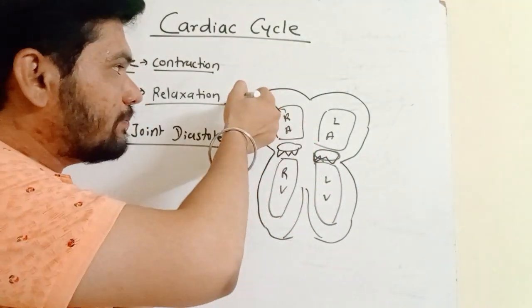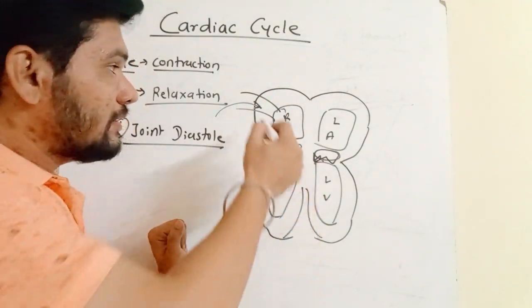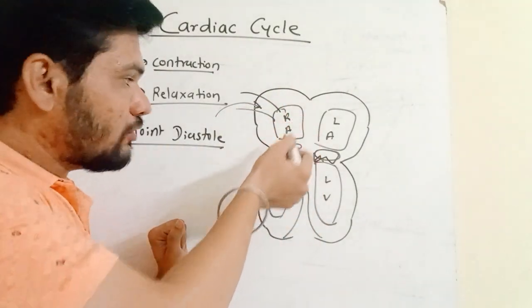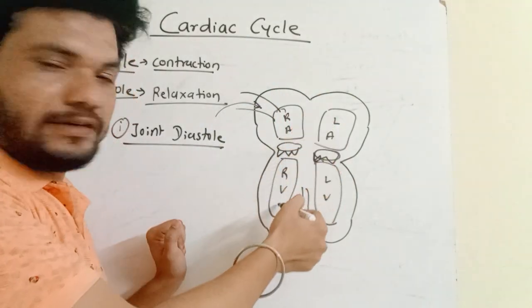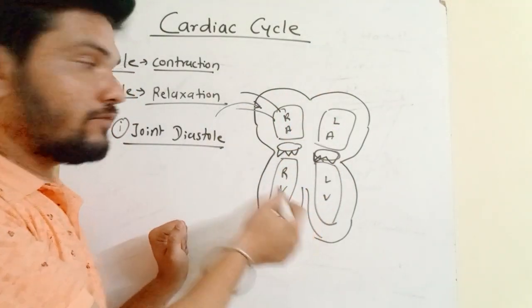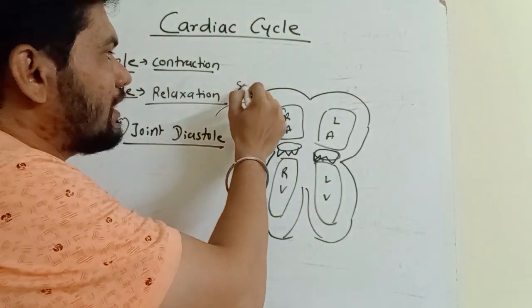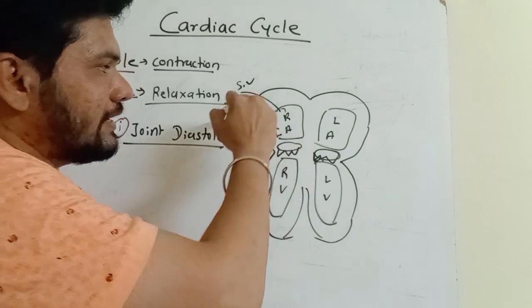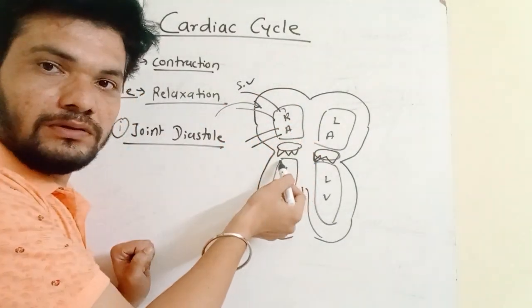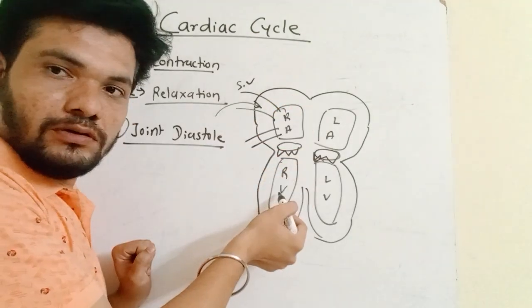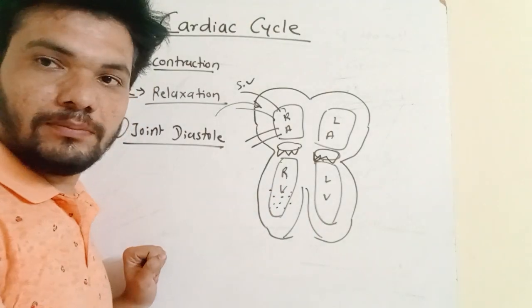The blood will come from the vena cavae first into the atrium, and because these valves are open, blood will go straight down into the ventricles when joint diastole is there. From the superior and inferior vena cava, blood is coming into the right atrium, and because this tricuspid valve is open, this blood directly flows into the ventricles, and the ventricles start filling slowly with blood.